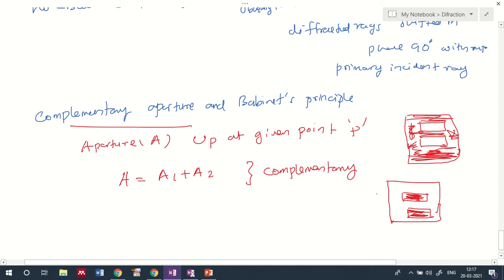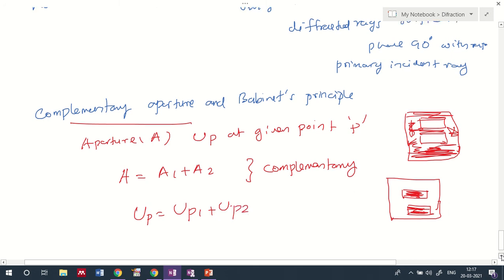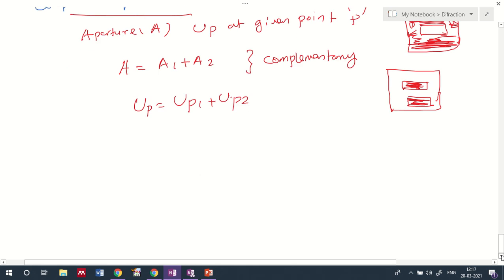By taking that case, UP will be equal to UP1 plus UP2. So we have two apertures here, then we have two optical disturbances, and the total optical disturbance will be U1P plus U2P, where U1P is the optical disturbance at P produced by the aperture A1, and U2P is the optical disturbance produced by aperture A2.